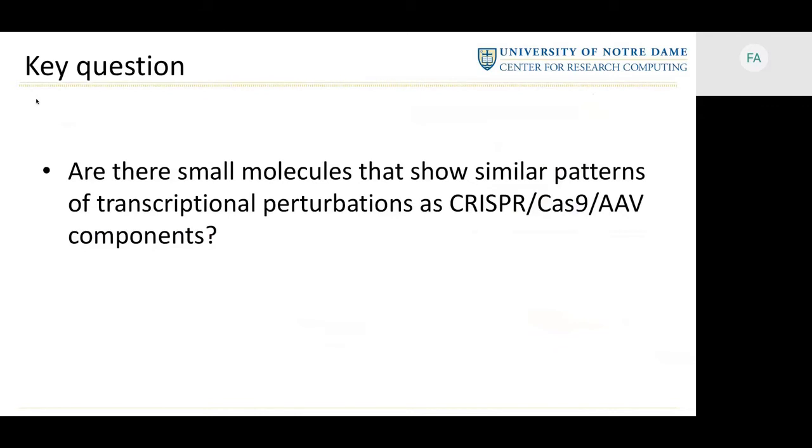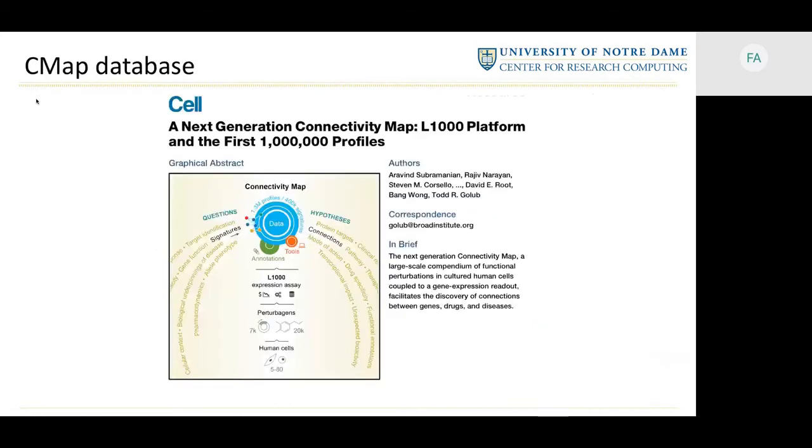And so because of all of those transcriptional responses, it's very much possible that other small molecules might induce similar transcriptional responses to the responses we see with the CRISPR-Cas9 components. So in one of our studies, we are using the connectivity map database that is basically a database that now has about 1.3 million profiles of small molecule perturbations across a range of cancer cell lines.